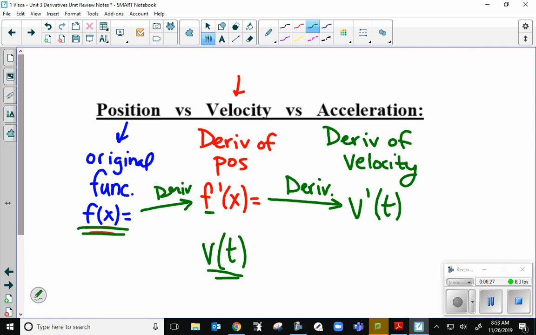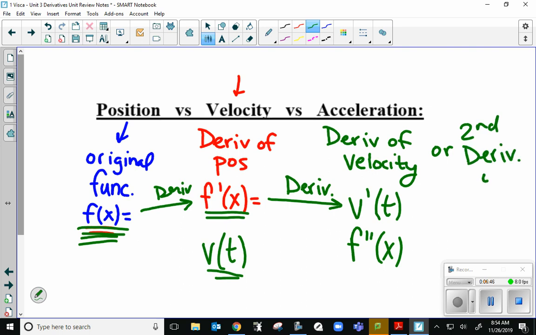So the derivative of the derivative. So acceleration is the second derivative of position. Okay? It's the derivative of velocity, or the second derivative of position.